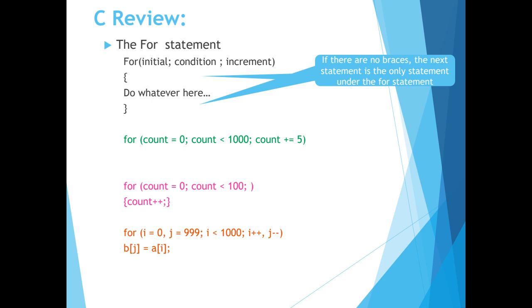I'll start with the for statement. About the for statement, the syntax is given here. At first, the for term is written, followed by parentheses. Inside them we write the initial value, then semicolon, condition, semicolon, and any kind of operators.